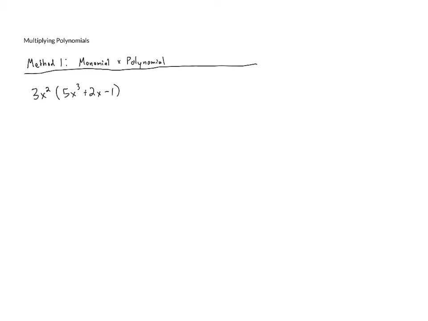Do you have any thoughts about how we can multiply 3x squared times 5x cubed plus 2x minus 1? Usually, a lot of my students have some intuition that tells them we want to try and use the distributive property. And if you had come up with that as a thought, you would be absolutely correct. This method, method 1, is the distributive property.